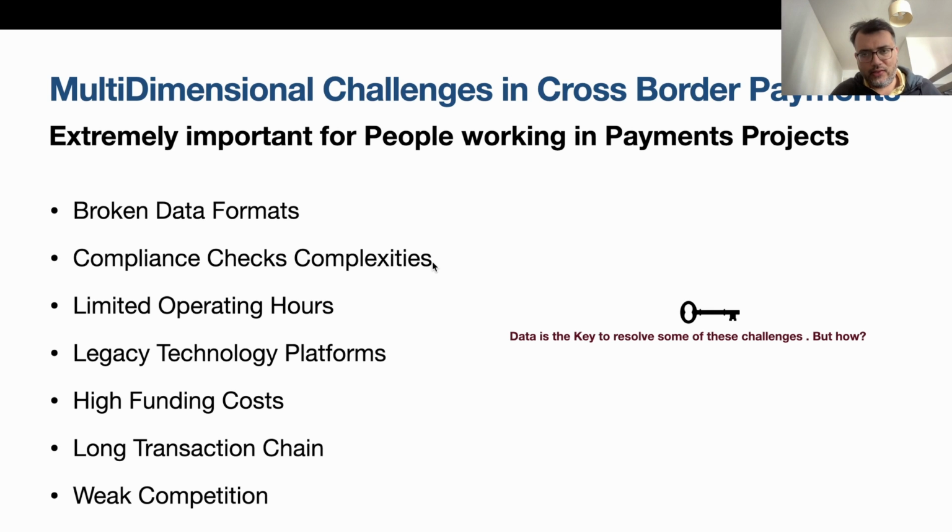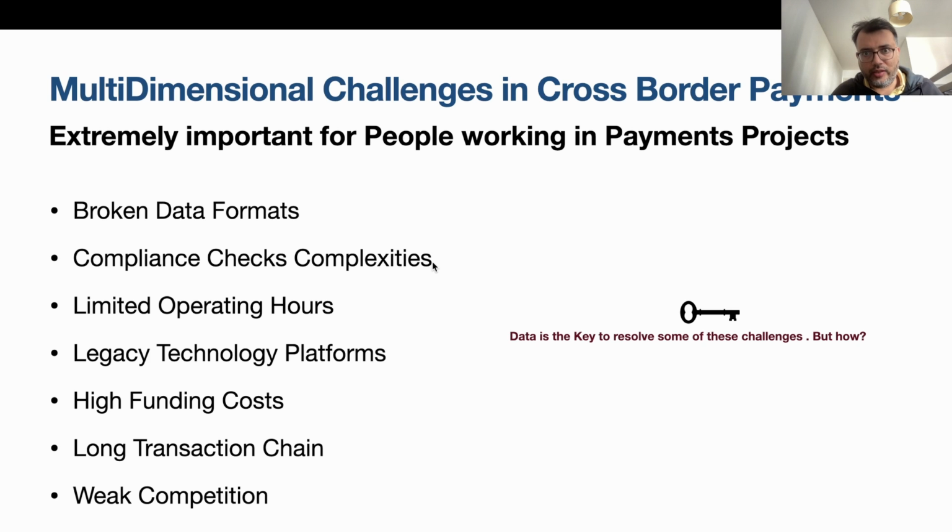It's a cumbersome process, and that is where they leverage the services of a correspondent bank. But the caveat is that the more correspondent banks there are, the more complex the equation becomes, because you're adding too many hops in the chain, which brings in operational complexities and also adds to the cost.